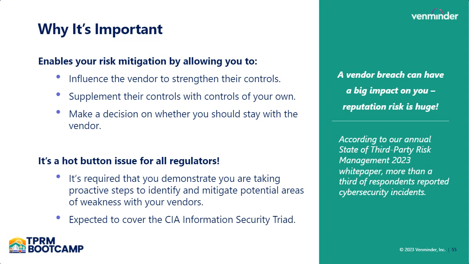Understanding how your vendors are doing that is going to be really important. It's required that you demonstrate that you're taking proactive steps to identify and mitigate potential areas of weakness with your vendors. And the best way to do that is to make sure that they have the proper policies and procedures in place.